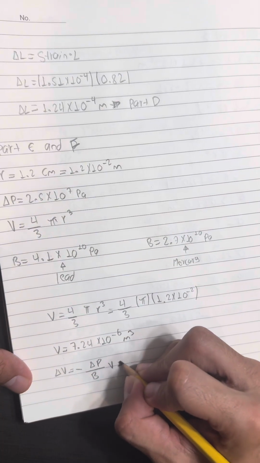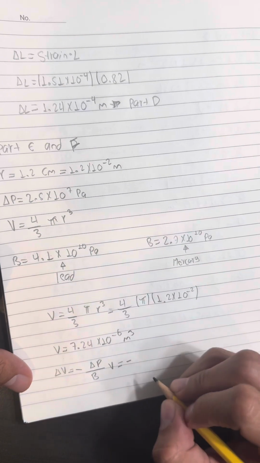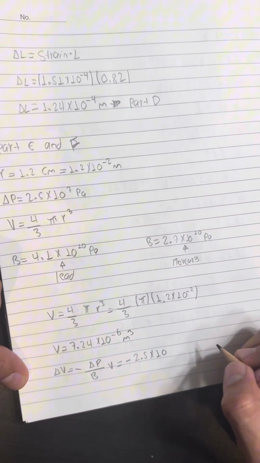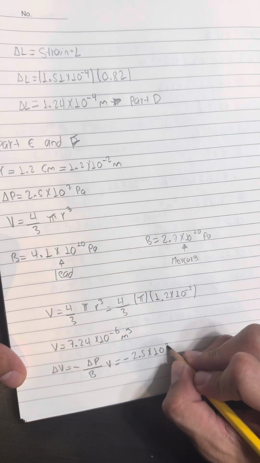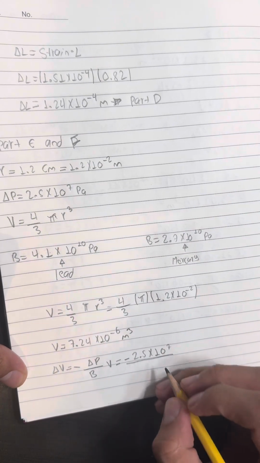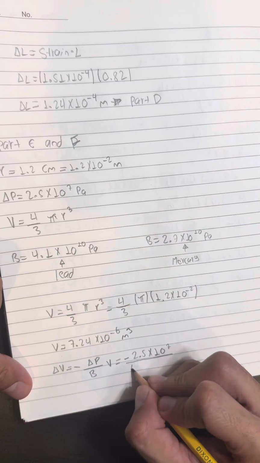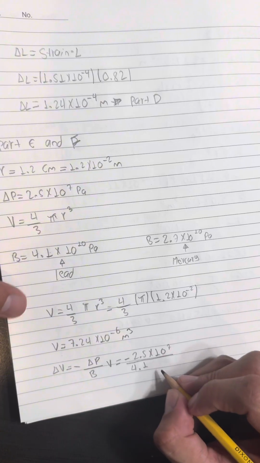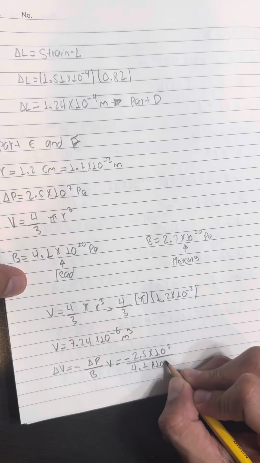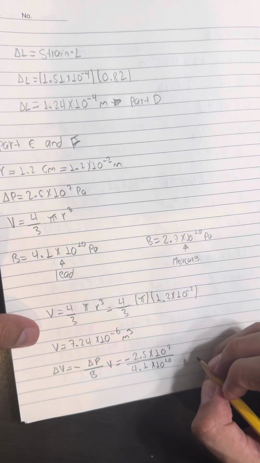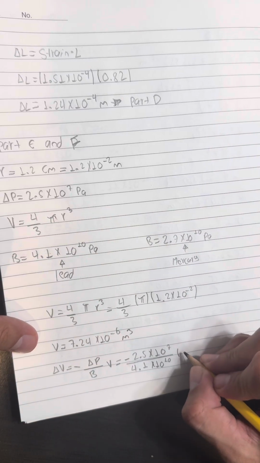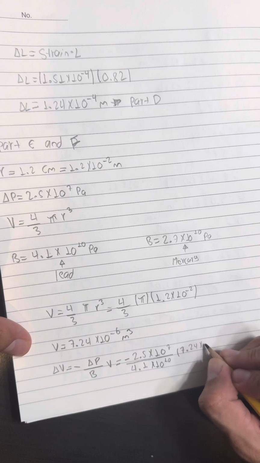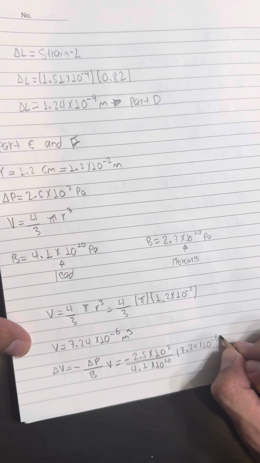So this is going to be equal to negative 2.5 times 10 to the power of 7 over 4.1 times 10 to the power of 10, because we're doing the lead, times the volume that we just found, that is 7.24 times 10 to the power of negative 6.